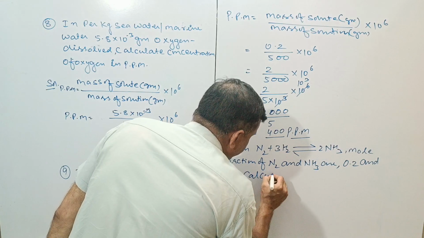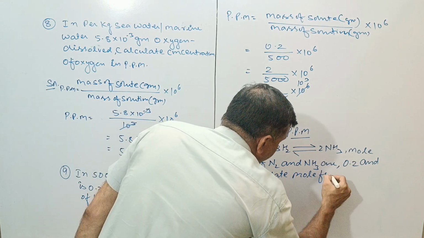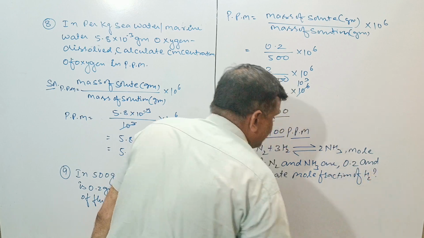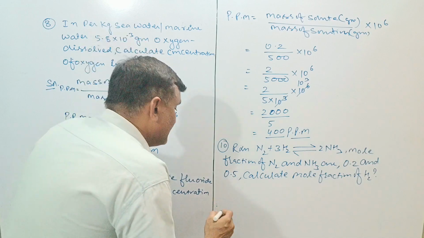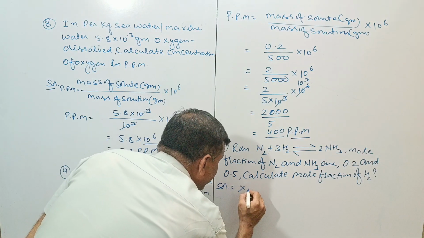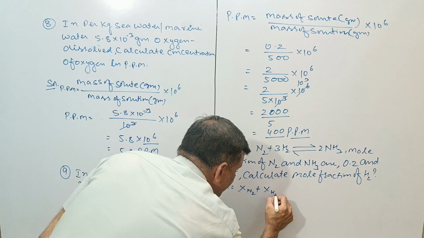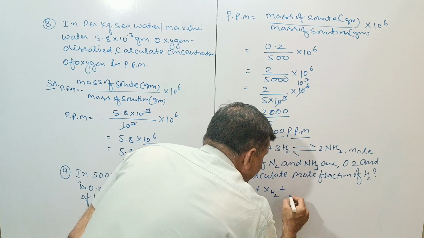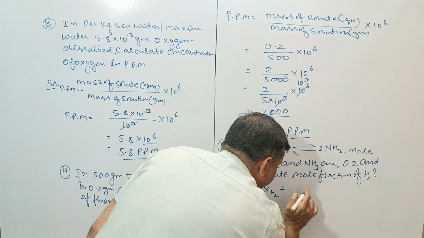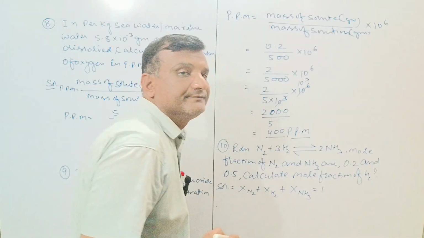So what will be the solution? It's too easy. For a mixture, mole fraction of N2 plus mole fraction of H2 plus mole fraction of NH3 is equal to 1.